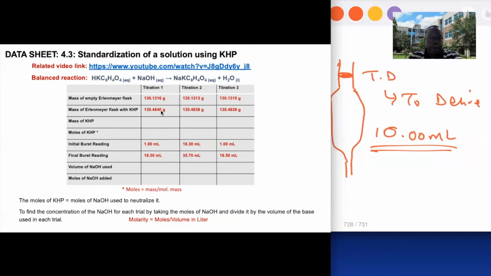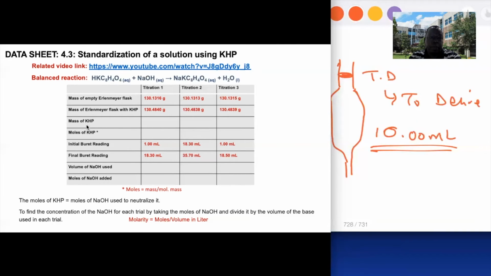Here are the data. These are the data collected by instructors who ran the experiment, which you will use to complete the data sheet. Here is the mass of the Erlenmeyer flask and KHP. Here is the mass of the empty flask. The difference between the two, of course, you can get the mass of the KHP.